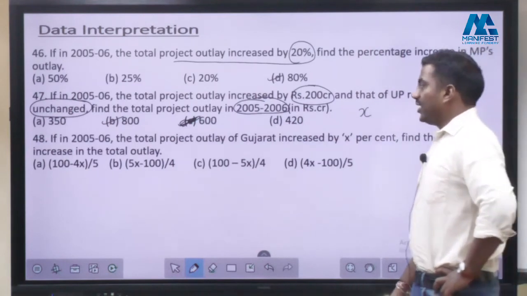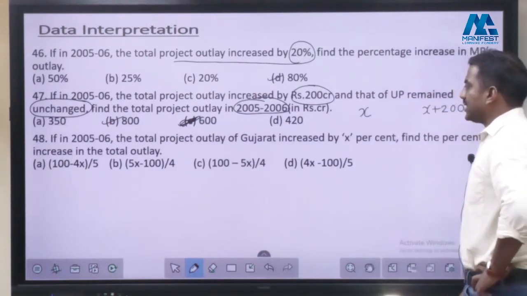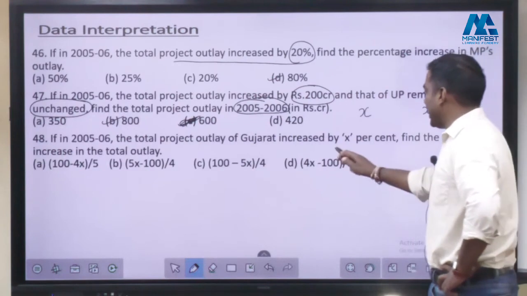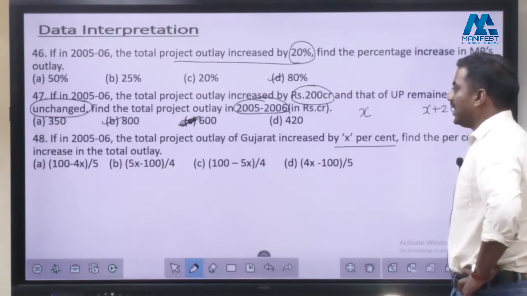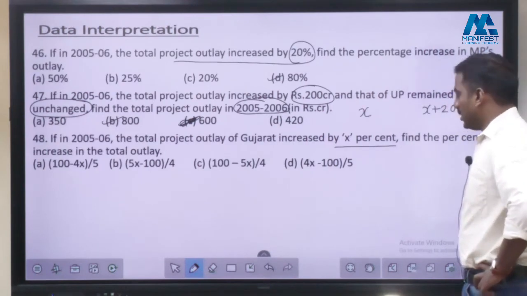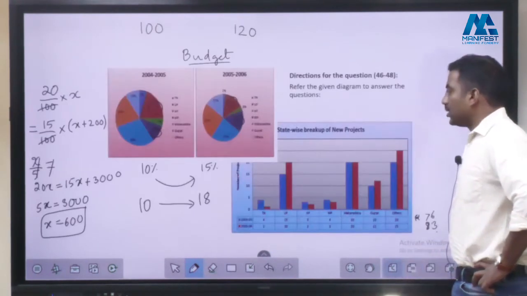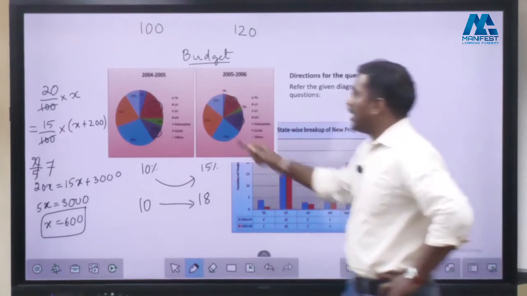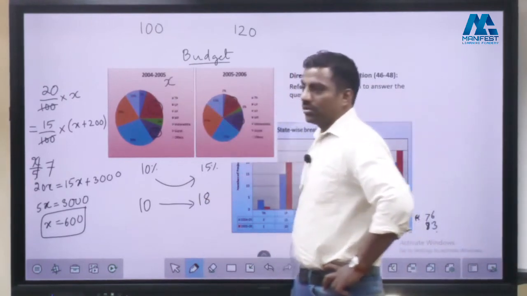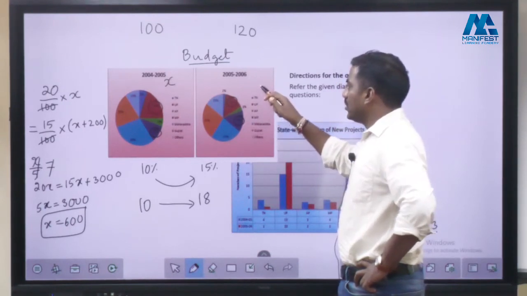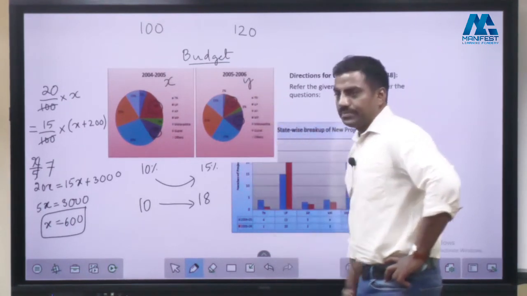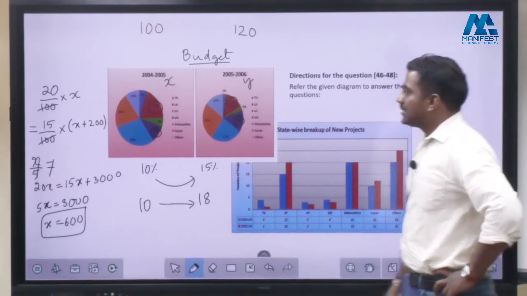Final. If in 2005-6 the total project outlay of Gujarat increased by X%, find the percent increase in the total outlay. Let us take the total outlay as X here and the total outlay Y here. What is Gujarat's outlay?